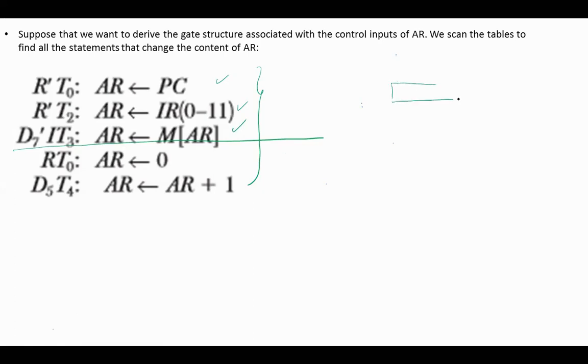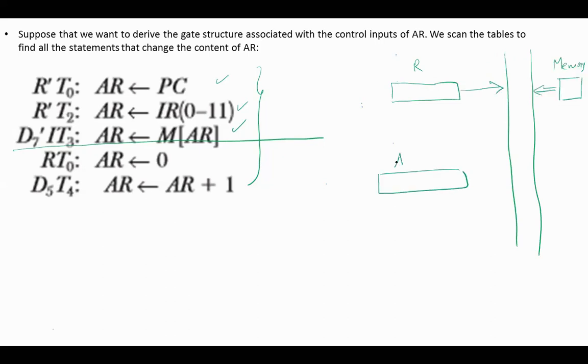So if we have some register, this is the bus or memory, address register. After placing the contents of the selected register or memory into the bus and activating the load input of the address register, the contents of the bus are transferred to the address register.